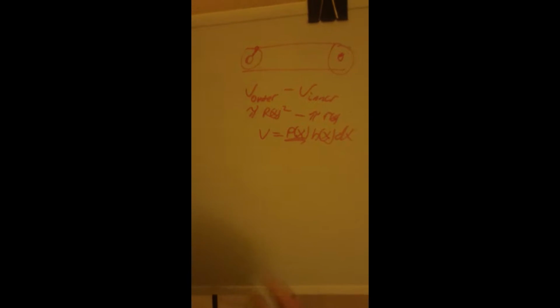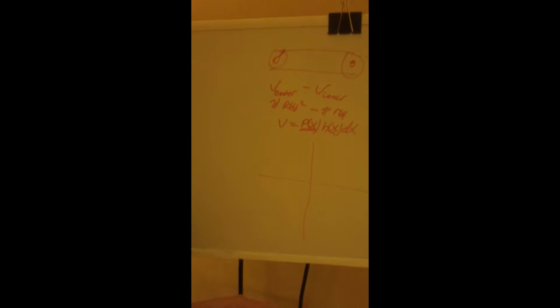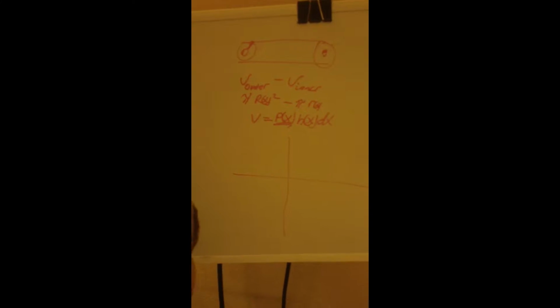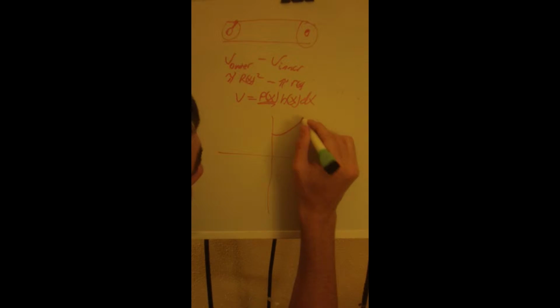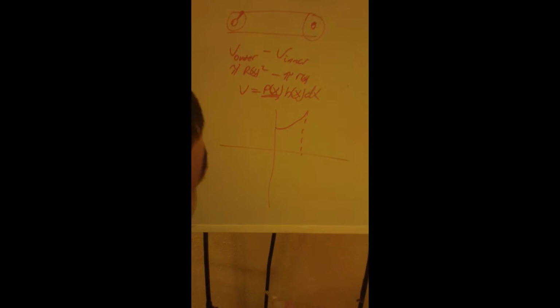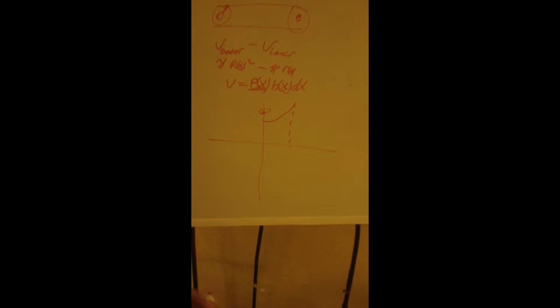So you can visualize it better, we'll make a graph. Let's say we wanted to integrate something like this, and we wanted to rotate it about, we'll say, the y-axis.